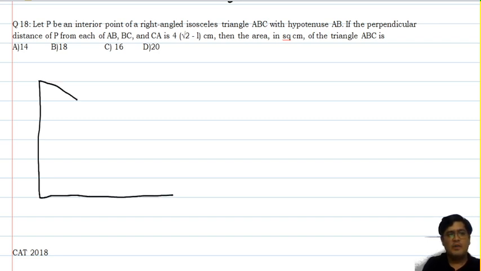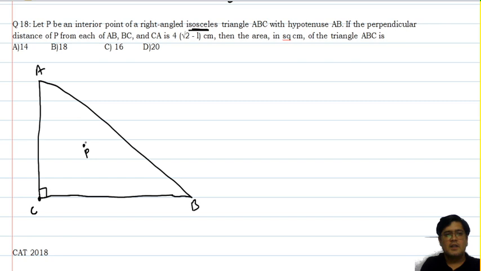We have been told that the structure is right angled. No sides are given to us. Isosceles has been mentioned. Good thing. And there's a point P inside. AB is the hypotenuse. And this is the 90-degree point. Now, this is at the same distance from all the given sides.